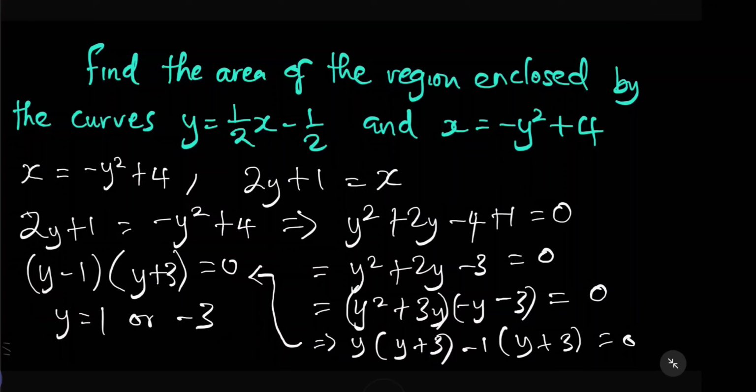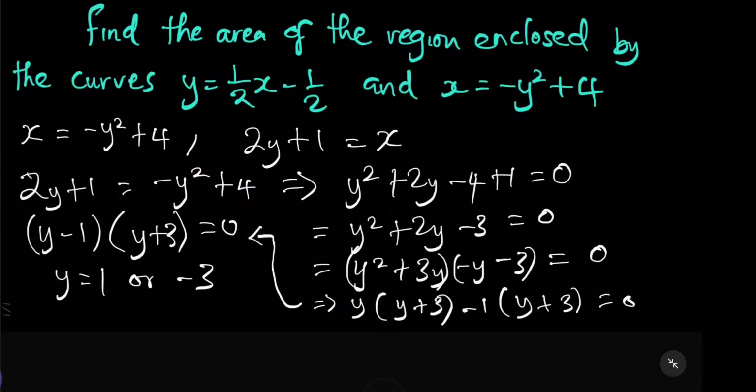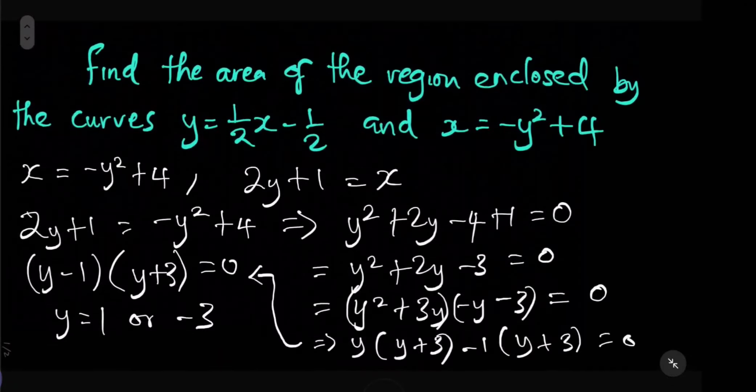We are going to be using these intersection points to find the integration. But before that, we want to write our integration in such a way that we won't have negative numbers. We had minus 3 and 1, and minus 3 is the smaller number, so we would have it at the lower bound and 1 at the upper bound.